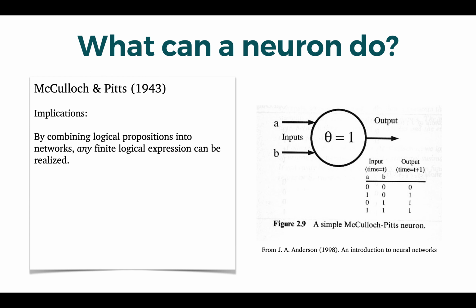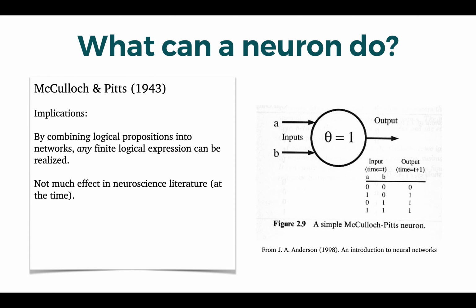Very complex networks can realize any finite logical expression. Finite meaning there's an end, there's a solution, there's an output, right? So you can get a network to realize any combinations of if this, then that, or this, but this, and this with this, and all the things, right? So you can get all of these propositions into a network using these principles and these assumptions.